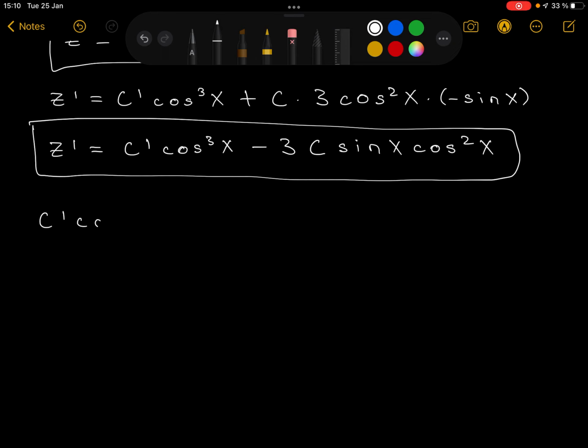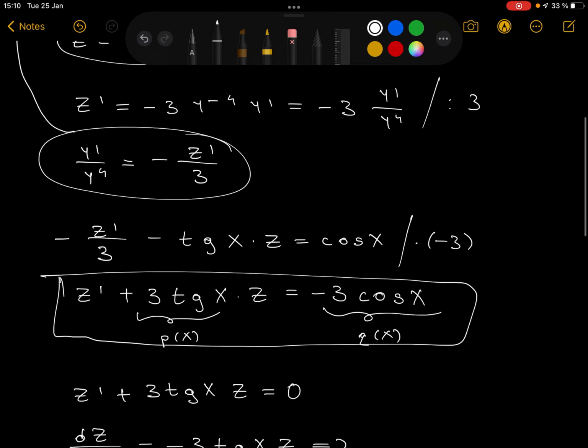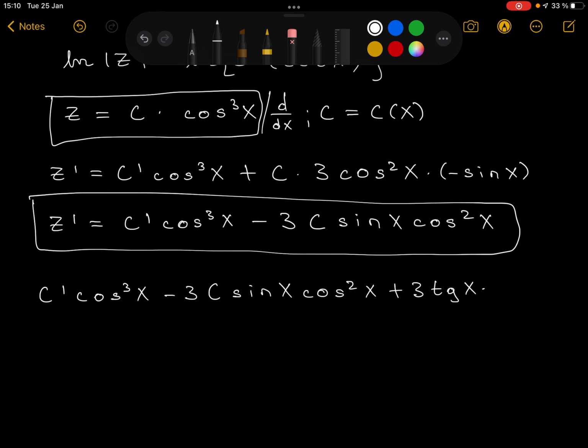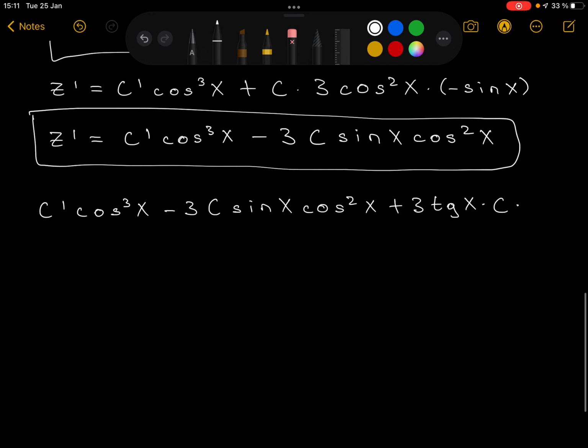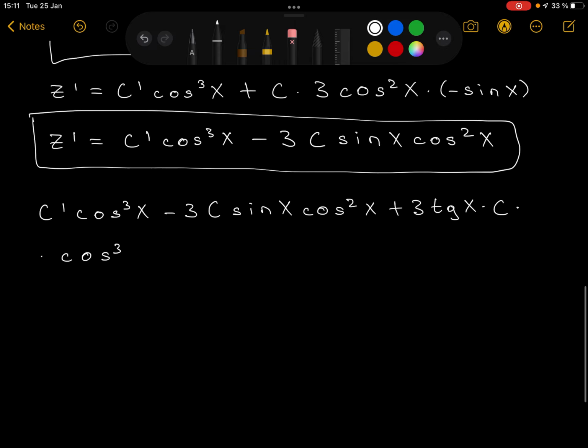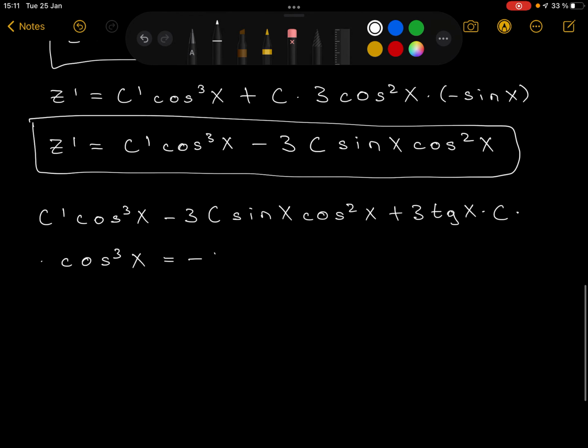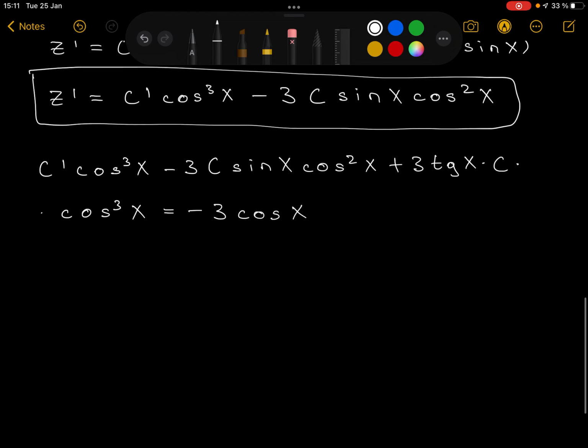So z prime, which is c prime cosine to the third power of x, minus 3c sine x cosine squared x, plus 3 times tangent x times c times cosine to the third power x is equal to negative 3 times cosine of x.